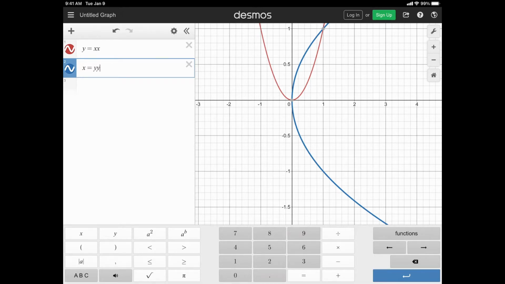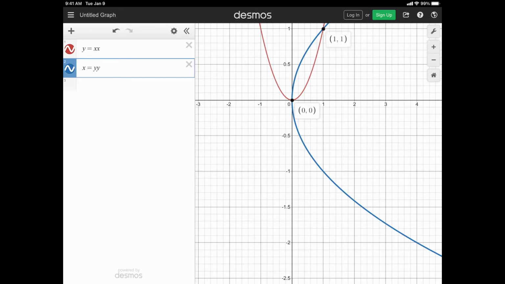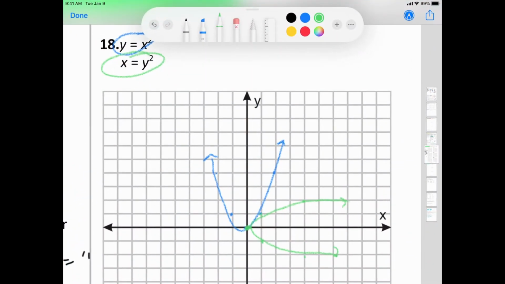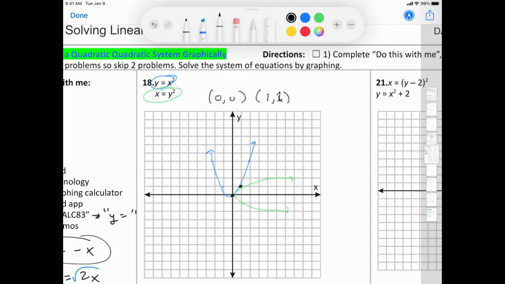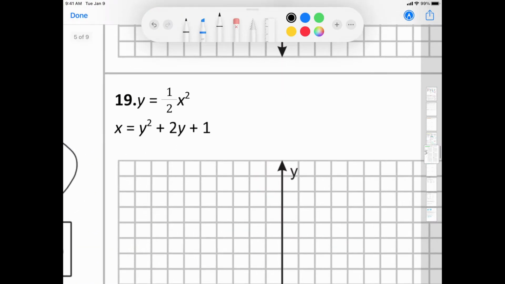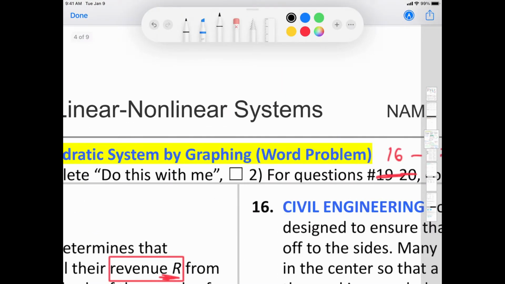And I was incorrect, because you'll see the intersection is both 0, 0 and 1, 1. Here and here. All right, let's try question number 19. Let's go ahead and graph that.